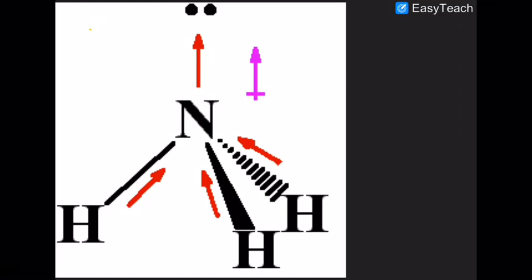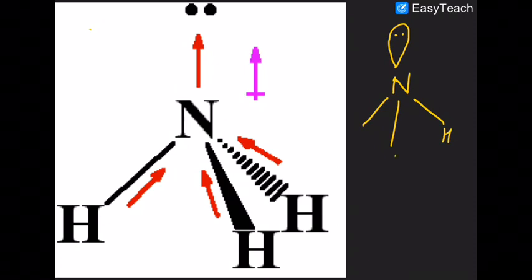Now consider the case of ammonia. In ammonia, one of the hybrid lobes contains a lone pair, while at the other three hybrid lobes, hydrogen overlapping with the sp3 nitrogen takes place. Nitrogen being more electronegative, the bond moment is from hydrogen to nitrogen. Why? Being more electronegative, the bond pair is always closer to the nitrogen atom.